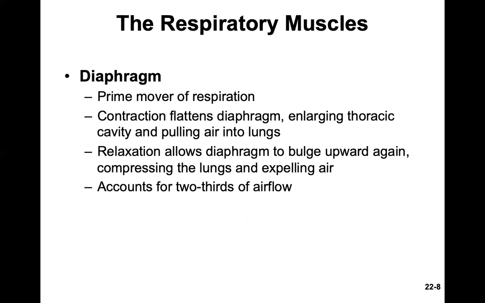So what happens is that when the diaphragm actually contracts, when it tightens, it becomes flat. When it's resting, it's more of that dome shape. But when it contracts, it flattens. When that happens, you have the thoracic cavity that enlarges, and that actually pulls air into your lungs.